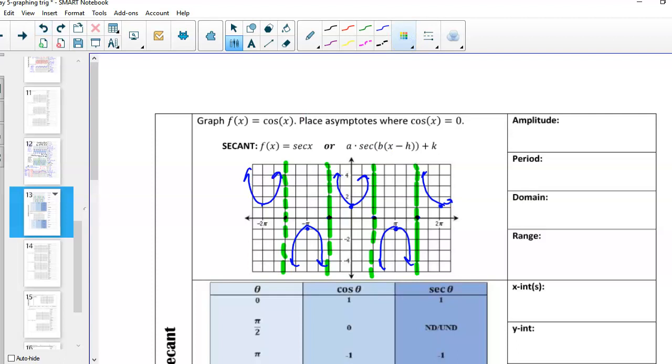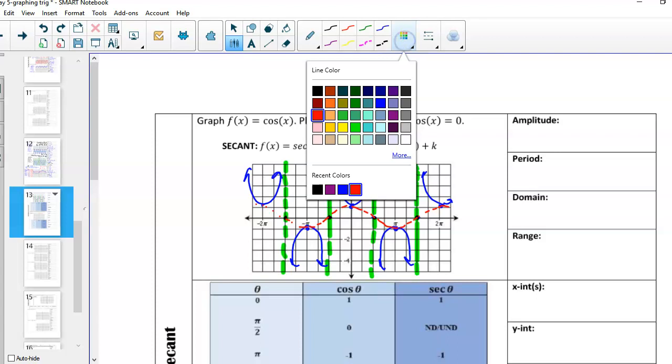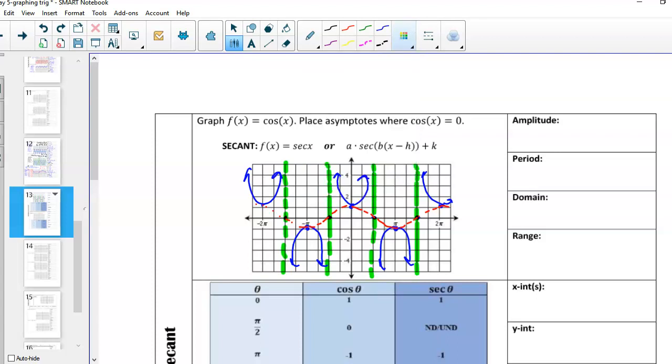Now, the reason these go in this specific way is because it can't go past the cosine function. So it has to go up and down. It can't go past those two.